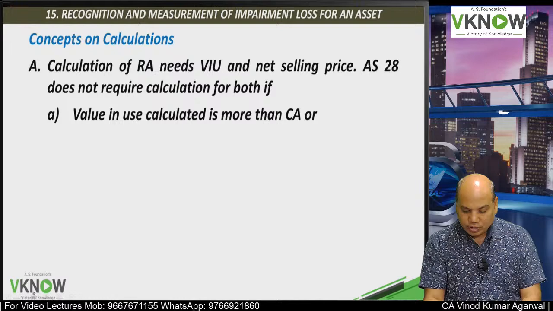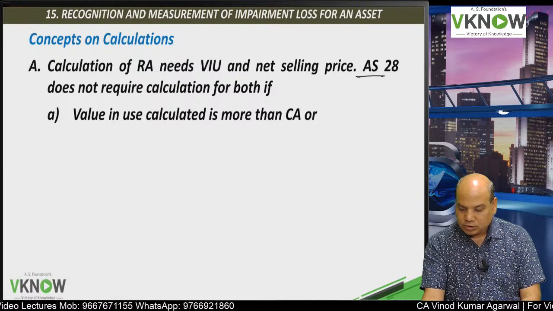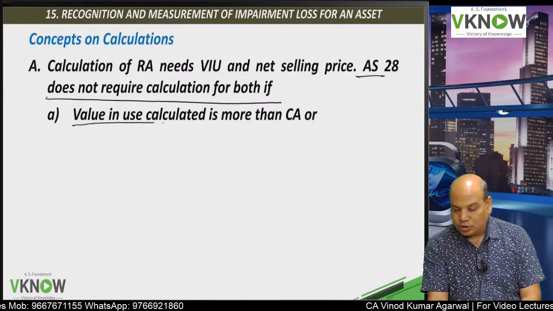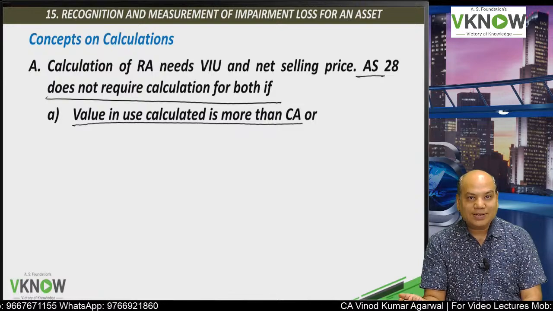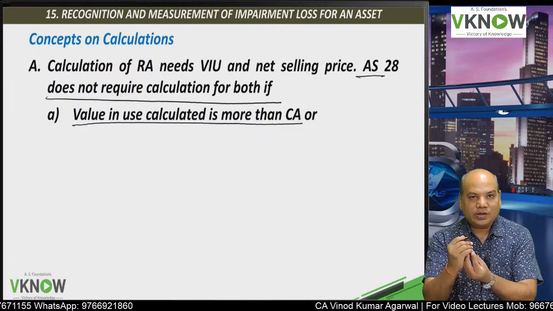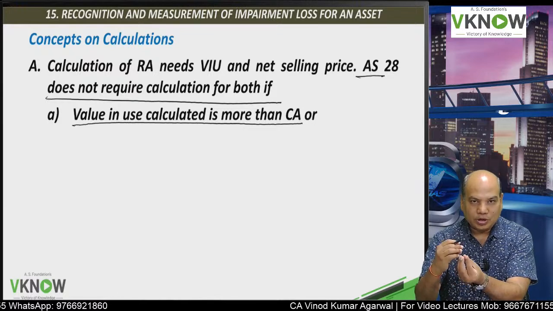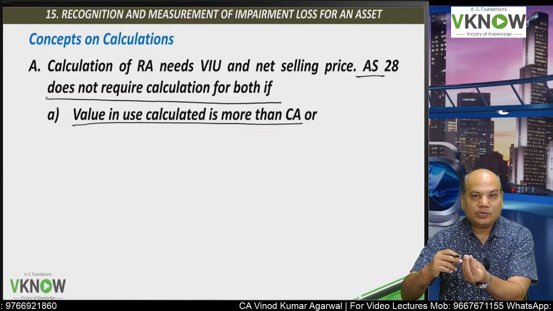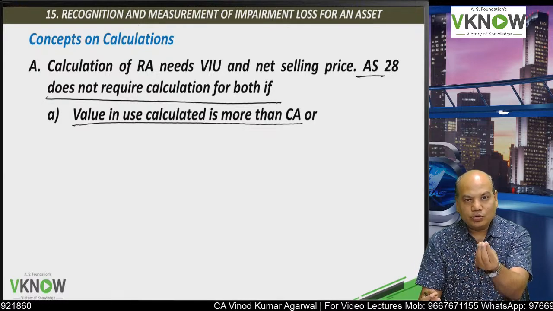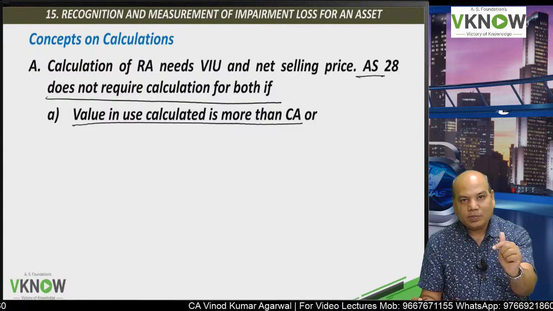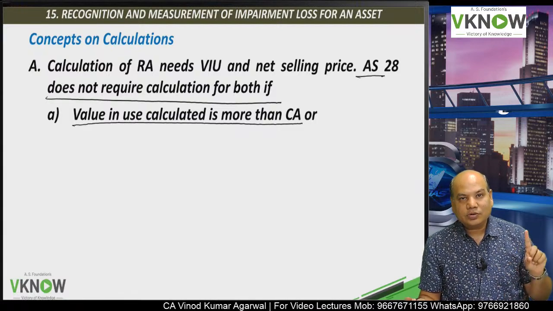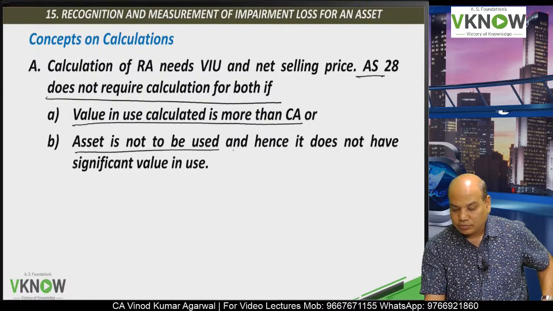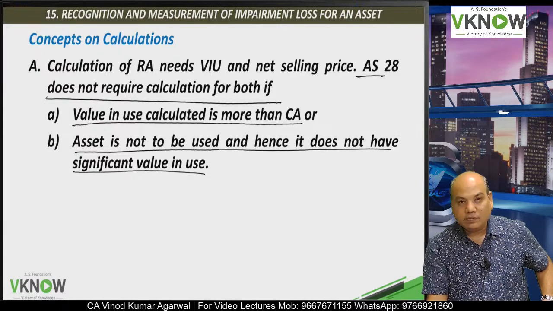Next line, AS 28 does not require calculation of both. If value in use calculated is more than carrying amount, very simple. Recoverable amount is the higher of the two, value in use or net selling price. Impairment loss arises when recoverable amount is below the carrying amount, but if value in use is more than carrying amount, recoverable amount is more than carrying amount, hence no impairment. Or the asset is not to be used and hence it does not have significant value in use.